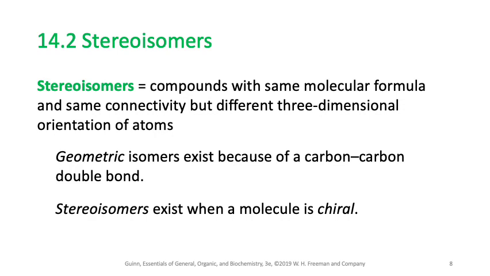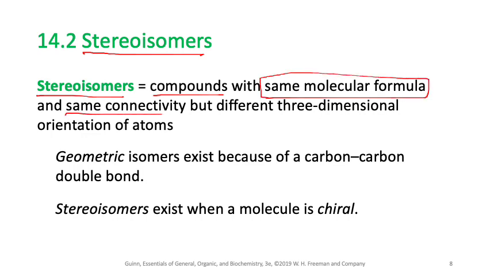Now let's talk about the second topic in this chapter, which is stereoisomers. Stereoisomers are compounds with the same molecular formula and the same connectivity of the atoms, but a different three-dimensional orientation of the atoms. What does it mean?